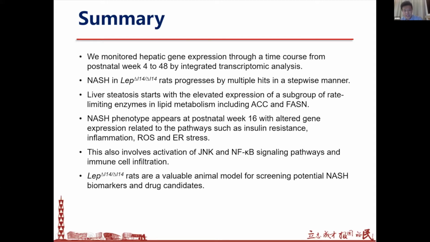The NASH phenotype appears at week 16 with high expression of these pathways. This also involves the activation of the NF-κB signaling pathway and immune cell infiltration. And lastly, we think the leptin deficient rats are valuable animal models for screening potential biomarkers and drug candidates.